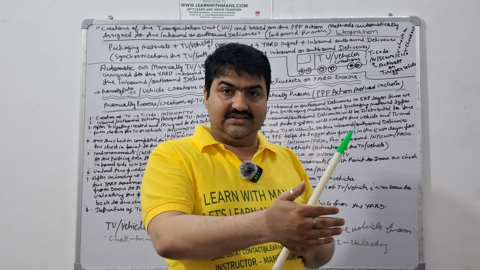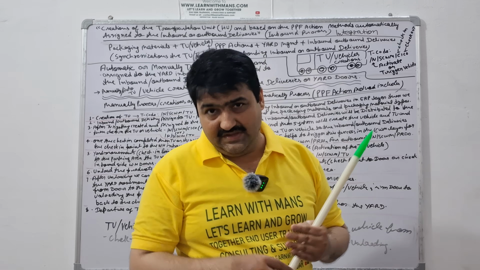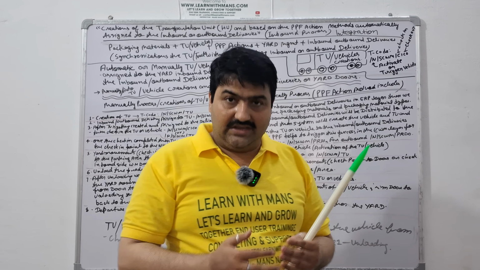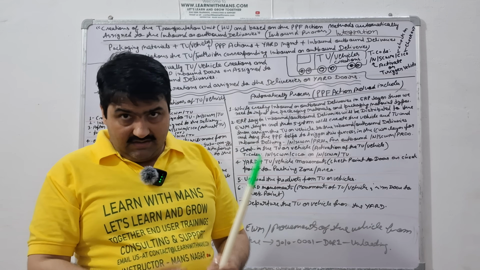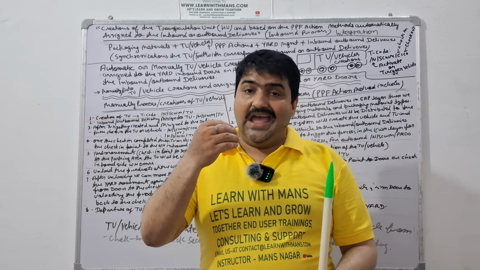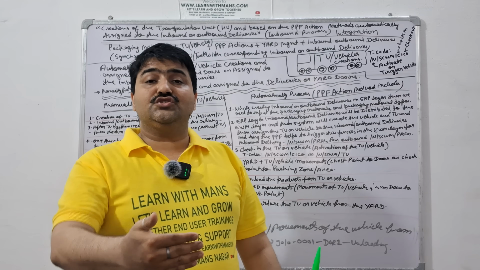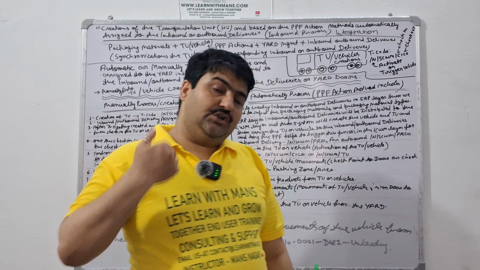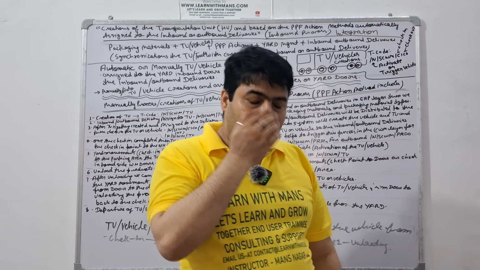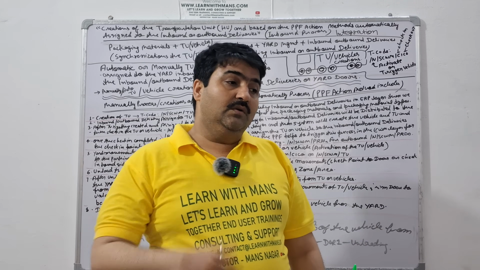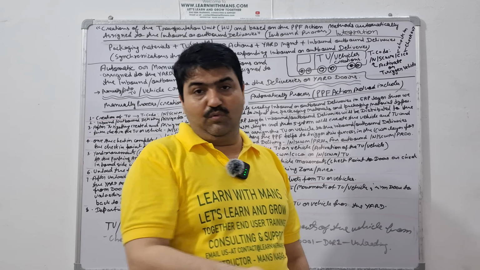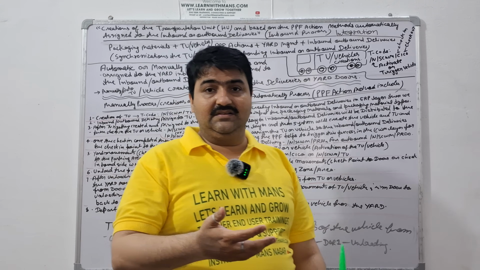Then the system will understand that this is the custom truck or transportation unit, and we want to link it to the inbound or outbound delivery, depending on what we work on.